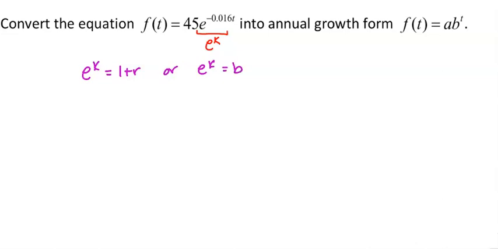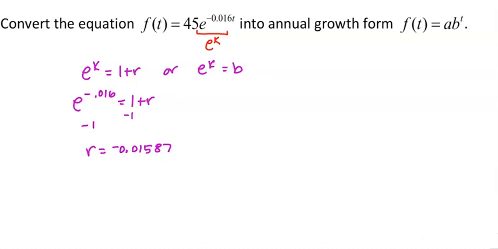Plugging in what we have for e to the k, e to the negative 0.016 will be equal to 1 plus r. If we subtract 1 from both sides, we get that r is approximately negative 0.01587. So this is telling us that a continuous growth rate of negative 16% is about equivalent to having an annual growth rate of negative 15.87%.